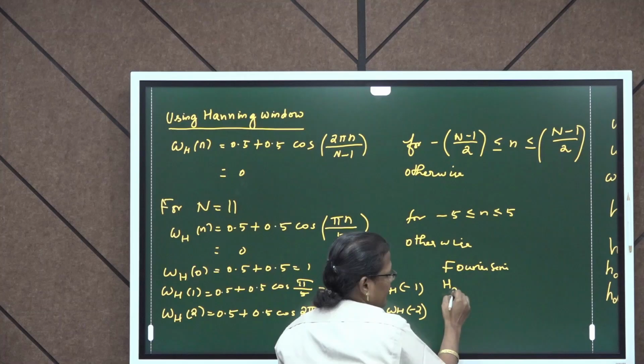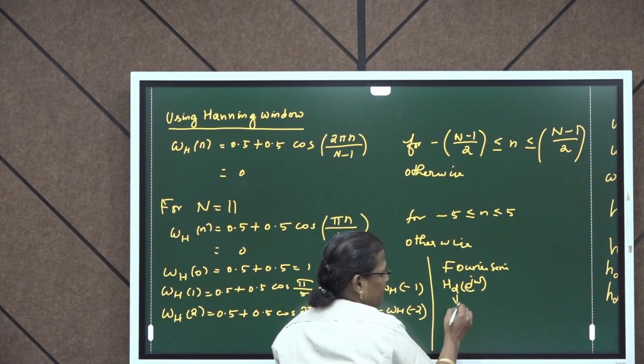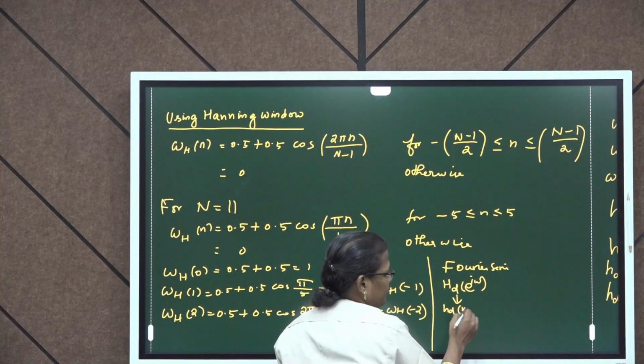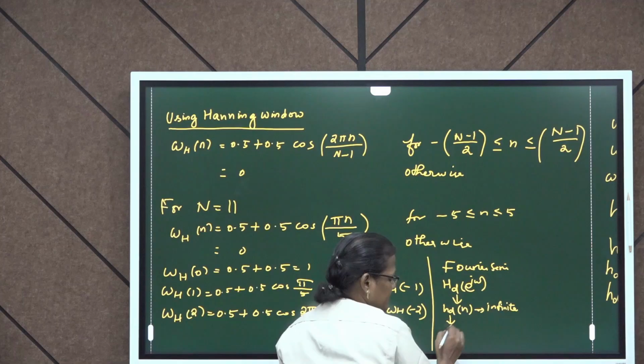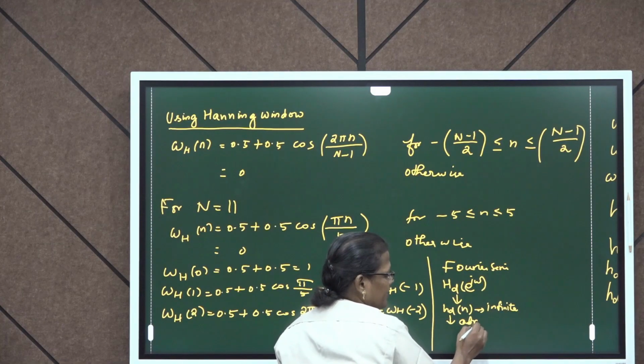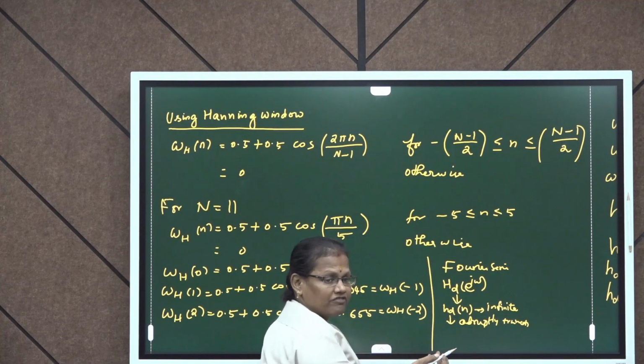In the Fourier series method, just a recollection, we start from Hd(e^jω) and we find the hd(n) value, and this hd(n) is infinite. To make it finite, we just abruptly truncate it, so that we receive a problem of Gibbs oscillation.